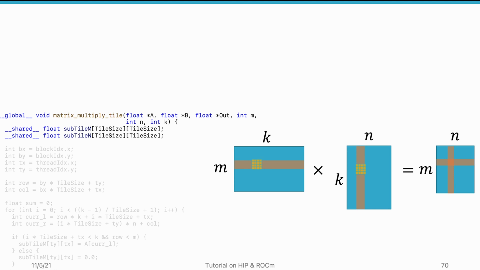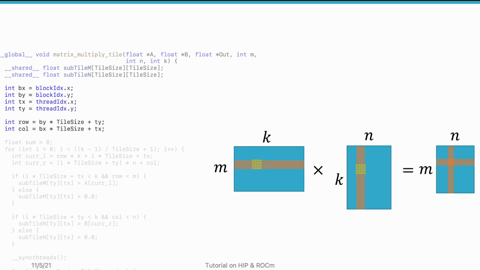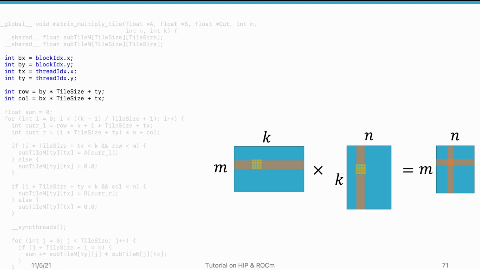So let's look at the tiling code that is implemented for matrix multiplication. We define two tiles, one for matrix A and one for matrix B. We have four indices: BX, BY are block indices, and TX, TY are thread indices within the block.